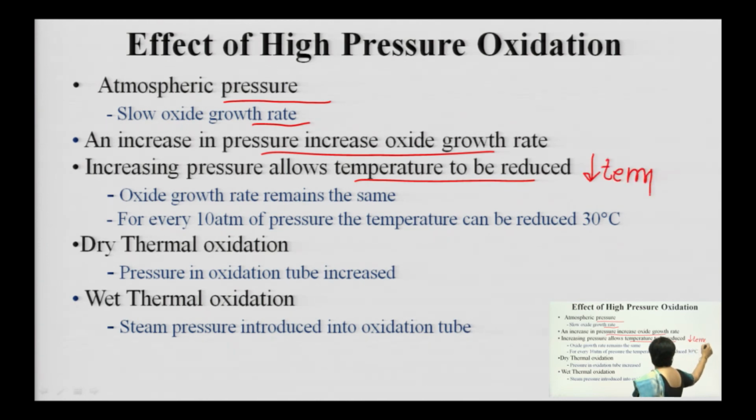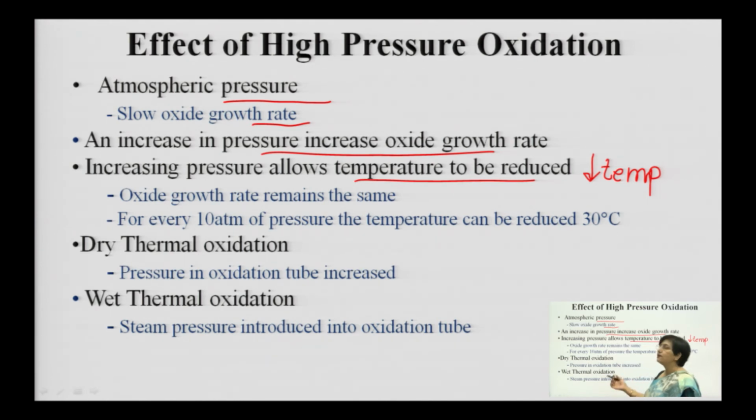Now, you can have a lower temperature but a better oxidation rate if you are increasing the pressure, but naturally increasing pressure will also have its own consequences, because silicon is a very delicate material. It can increase the activation energy of the surface molecules, and there can be pits or other impacts.